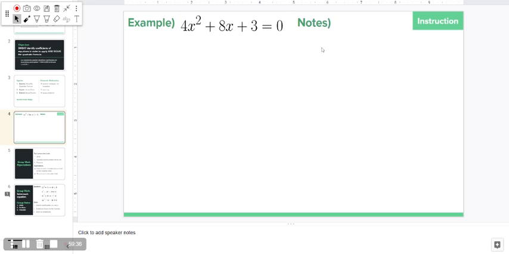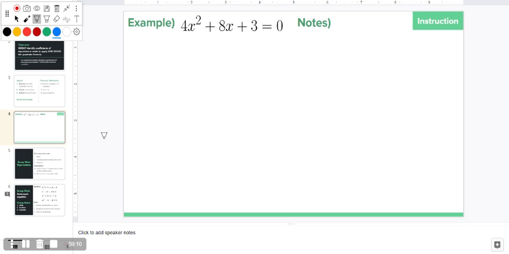And we're going to make some comments as we work over on this side by the notes on the right side. So if you want to go ahead and pause the screen and practice setting this formula up, please go ahead and do so. Remember, we're finding A, B, and C, and we're rewriting it in our quadratic formula, which is listed at the top of your notes. But let's go ahead and start identifying what our coefficients are.